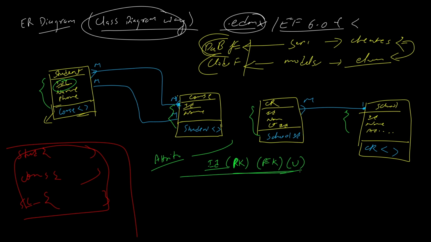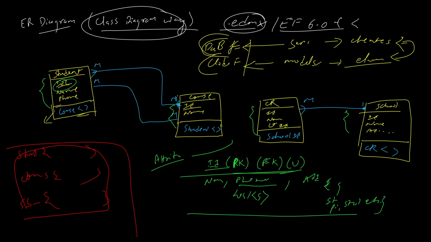The other attributes like name or phone, which would be multi-valued, will just be a string, or a list of strings if multi-valued. The address could be just another class with different details like street, pin code or state. That's how this way of showing your diagrams would work.